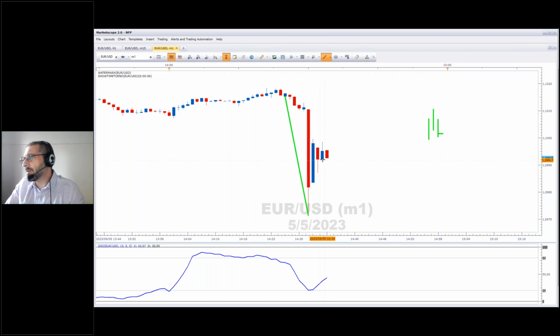Okay, so I've got a potential reference over here. So the initial volatility has disappeared. We're starting to move sideways.